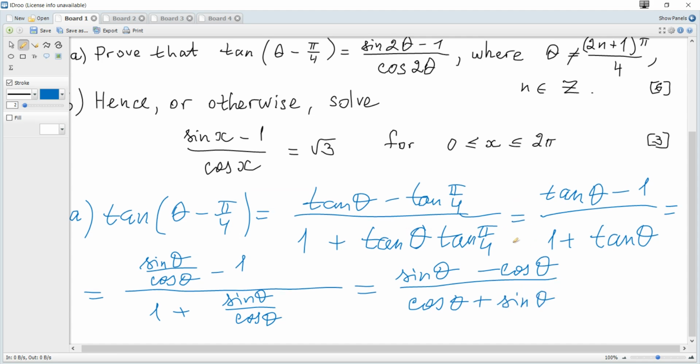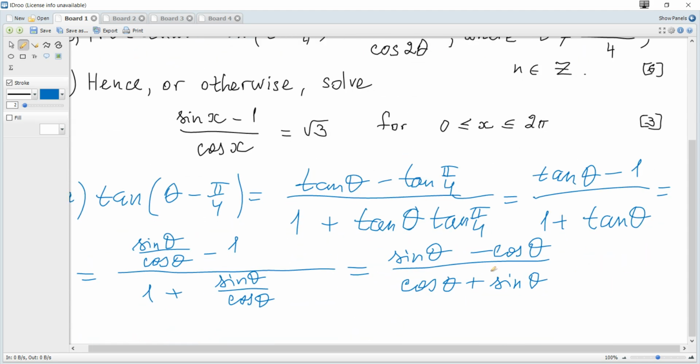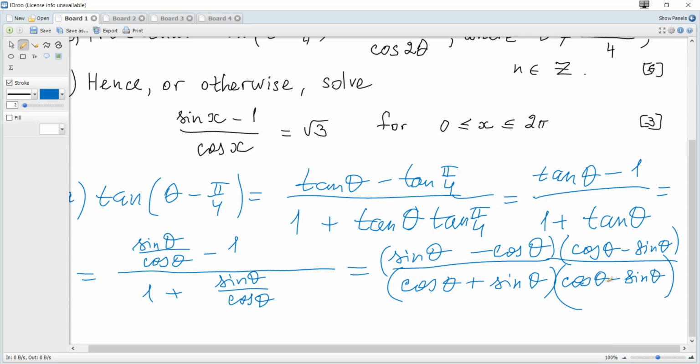And you can see that there must be cosine of 2 theta in the denominator, and cosine of 2 theta is cosine squared minus sine squared, but there is cosine plus sine only, and if we multiply numerator and denominator by cosine minus sine, you can see that a formula a minus b times a plus b, which is what?